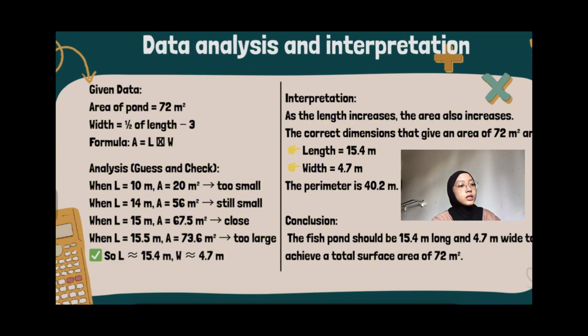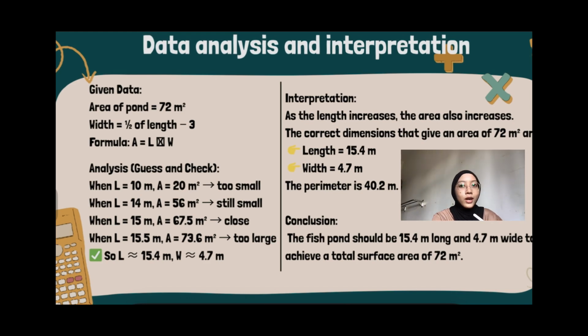Here, data analysis and interpretation. The given data was the area of the pond, the width, the formula, and our guesses. When we guessed the length was 10, it was too small. When the length was 14 meters, it was still too small. When the length was 15 meters, it was close. When the length was 15.5, it was too large.